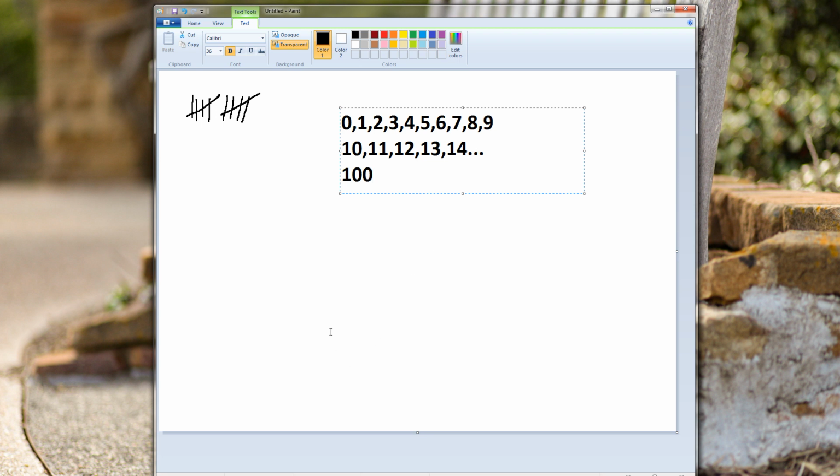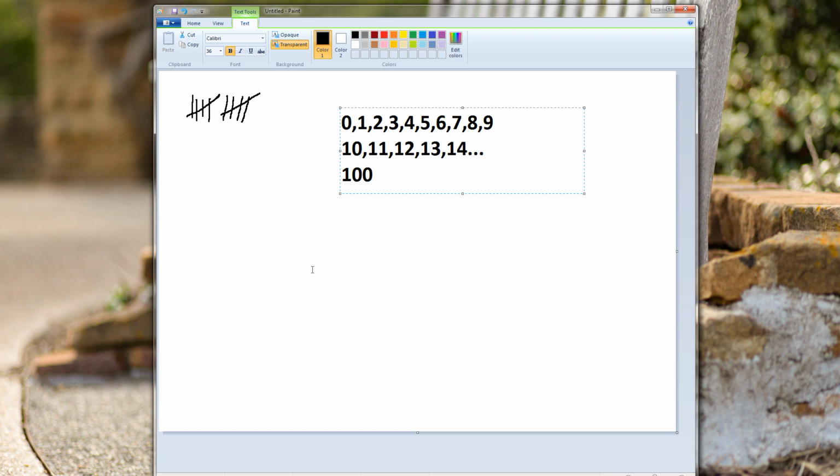Well, if we switch to a base 7 number system, and I'm going to explain this a little bit overly simplified so that hopefully everyone will be able to understand the theory behind it, it might not be mathematically 100% correct in terminology, but the counting behind it is correct.